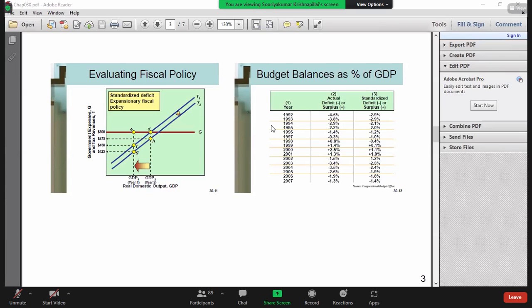So now the government is in expansionary fiscal policy to reach the full employment. From this standardized budget, we exclude the passive automatic stabilizer effect. Now we can see whether the economy is in expansion or recession. So expansionary fiscal policy should do that 25 million increase.